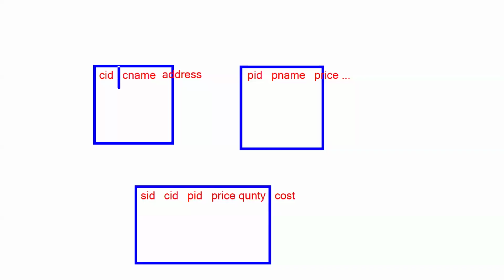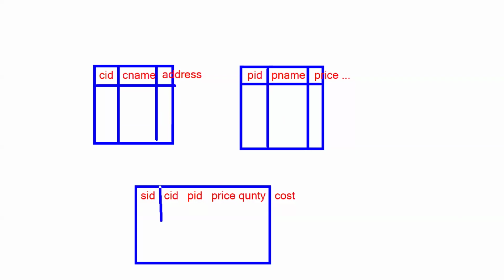Here we have columns like customer ID, customer name, address. And you can find product ID, product name, price. And here you can find sale ID, customer ID, product ID, price, quantity, cost, and so on. So we have multiple tables here. Now, how can you join these two tables?